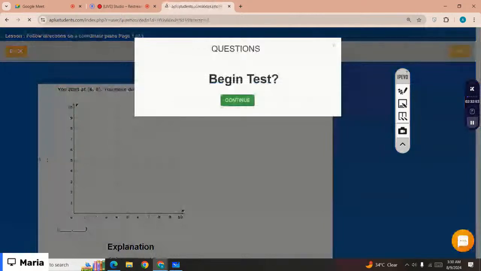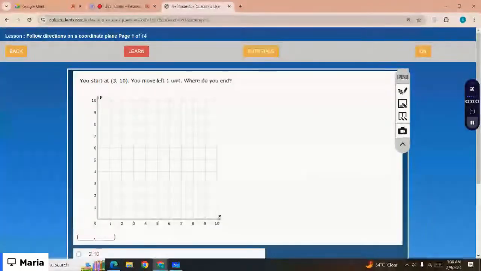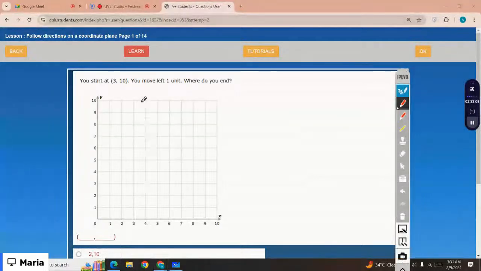You start at 3, 10, you move left 1 unit. Where do you end? Okay, so you start at 3, 10. First go to 3, 10, x is 3 and y is 10. Here is 3, 10. You started from here. You go left 1 unit, right? You need to follow and move left 1 unit. Here you moved. Where do you end?